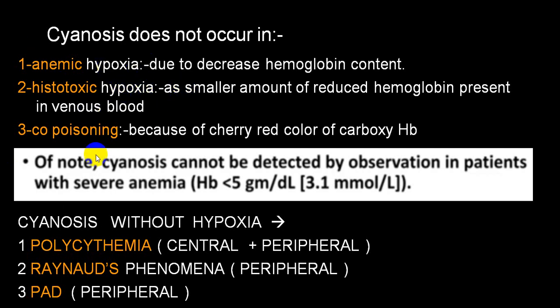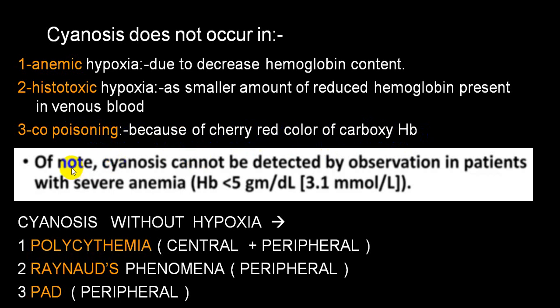While in case of carbon monoxide poisoning, carboxyhemoglobin is cherry red in color, and being cherry red, you do not have the appearance of a blue color. That's why in carbon monoxide poisoning also, in spite of severe hypoxia, you do not have a blue color to the peripheral tissue, that is skin and mucous membrane, because carboxyhemoglobin is cherry red in color.